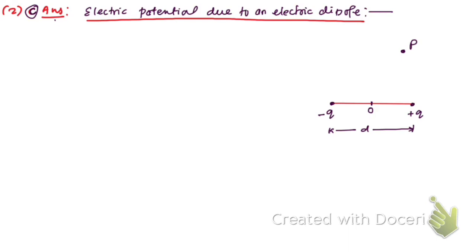Let me do one thing. Instead of d, let us take 2d, so we can consider this is d and this is also d. You see that the position vector of P with respect to the origin O is r.